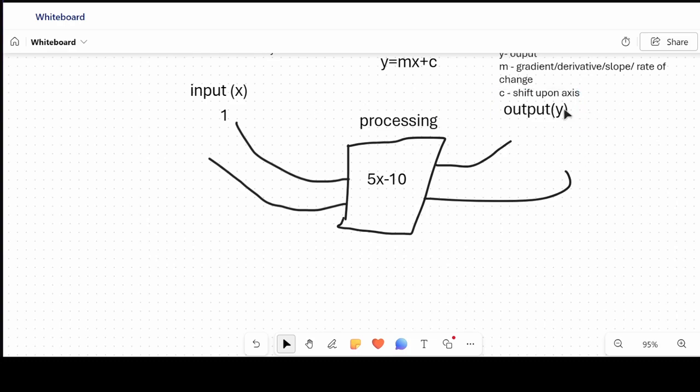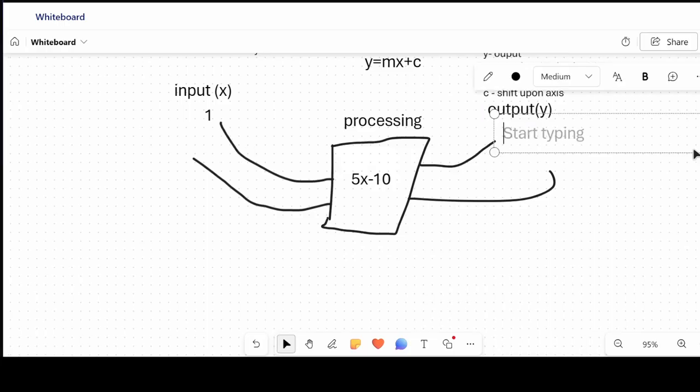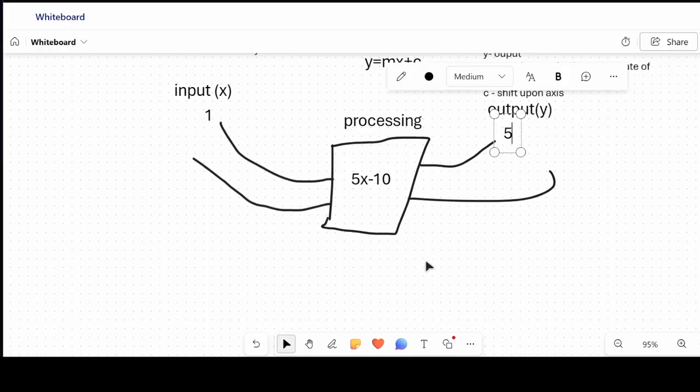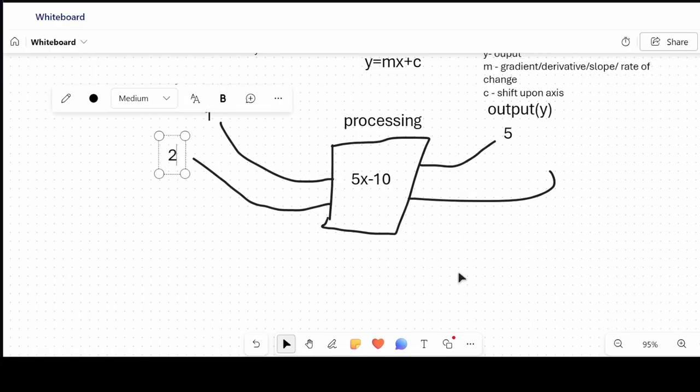Our output is minus 5. And at 2 seconds, we put 2 seconds in, it goes through our processing, and our output is 0.